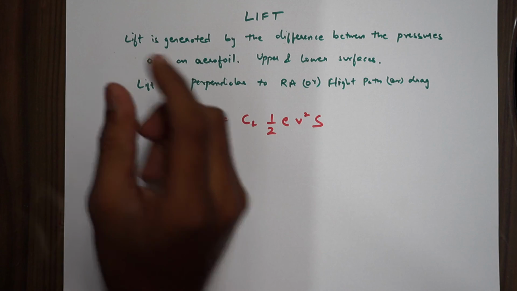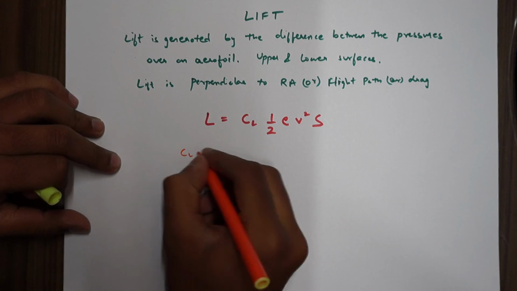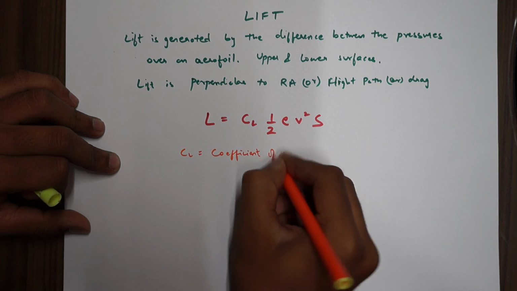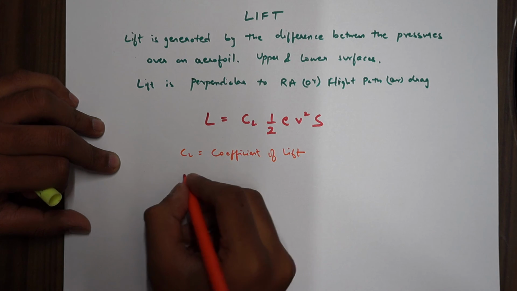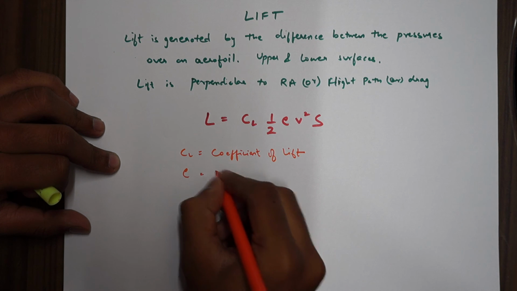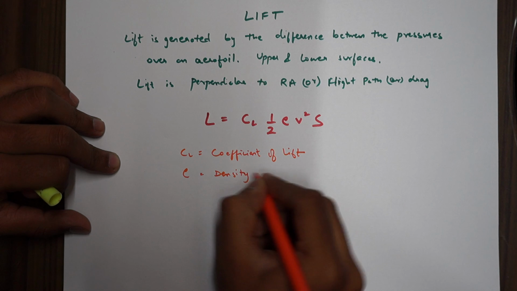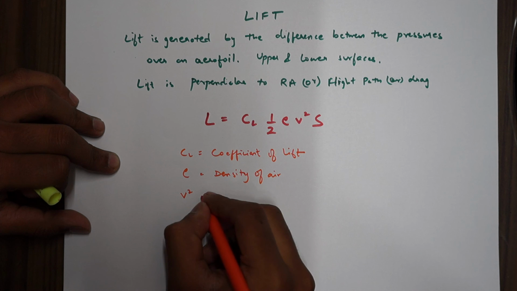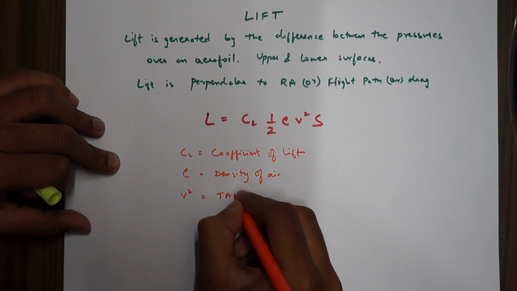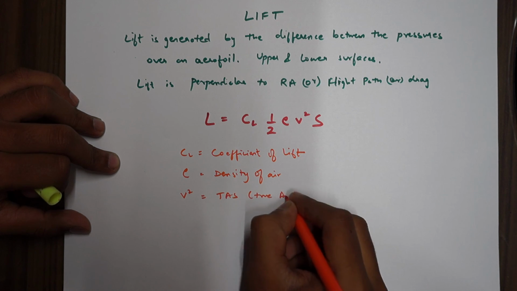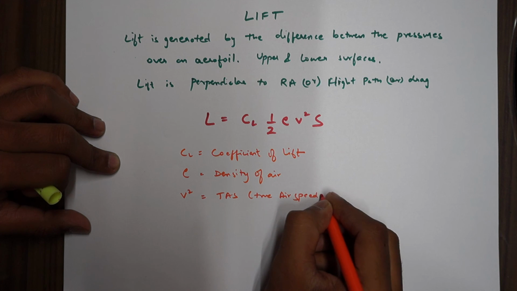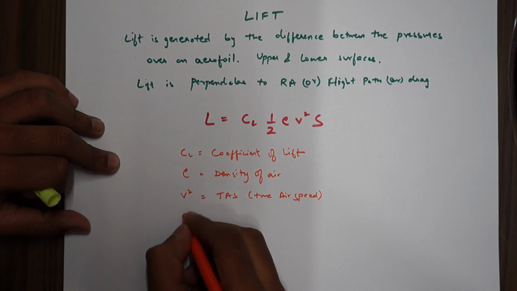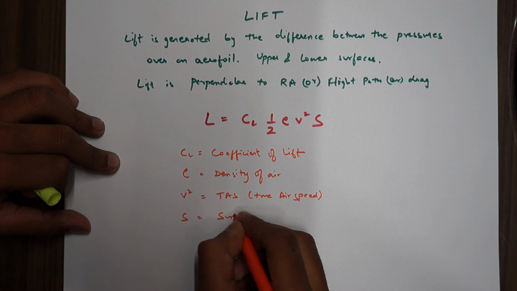Okay, and CL is your coefficient of lift. Okay, rho is the density of air. V square, or V basically, is TAS, true airspeed of the aircraft. Okay, and S is the surface area.